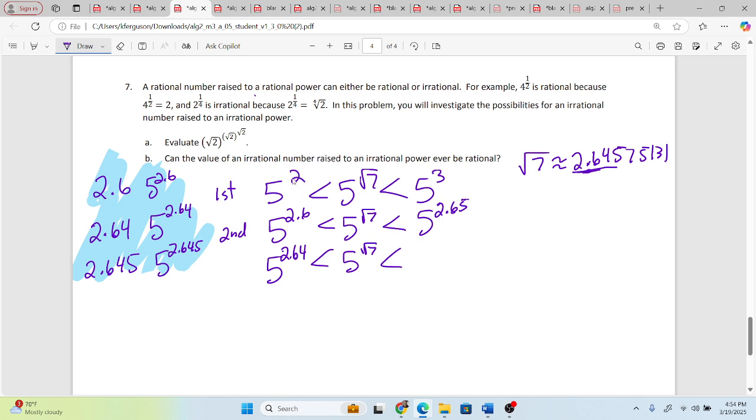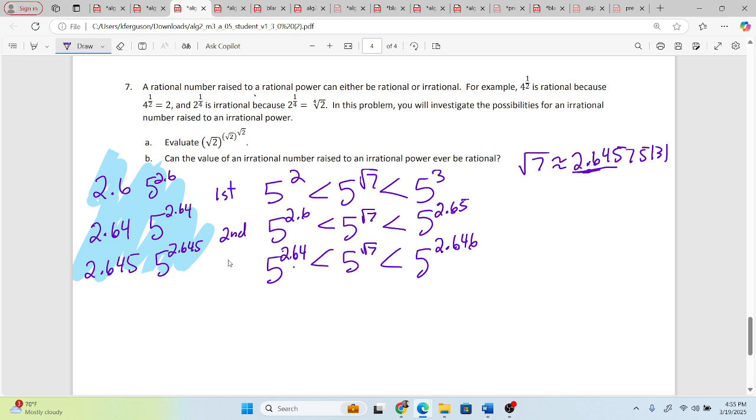Look how these digits are following the same pattern. 2, right? That's one digit, then that's two digits, then that's three digits. Now it's a little misleading over here, so let's just focus on this side. So one digit, two digits, three digits. So then this is 2.645. So then that means this is going to be 5 to the 2.646.